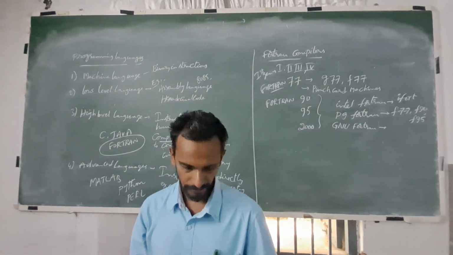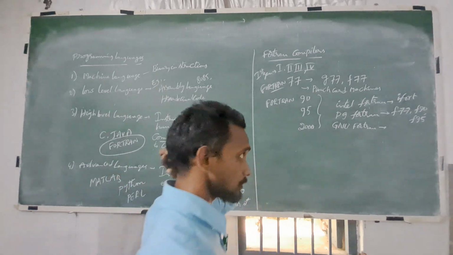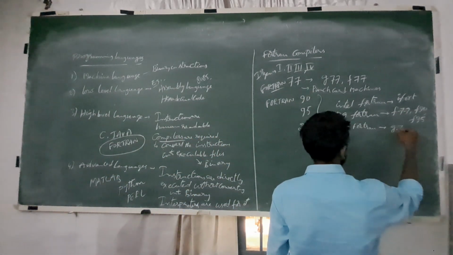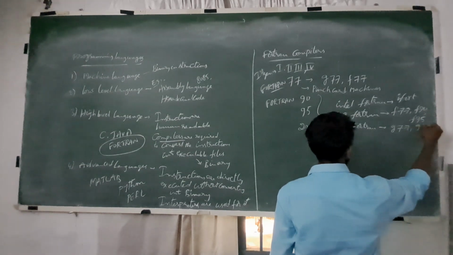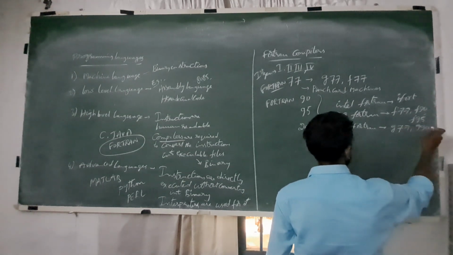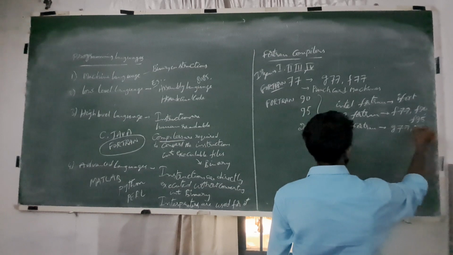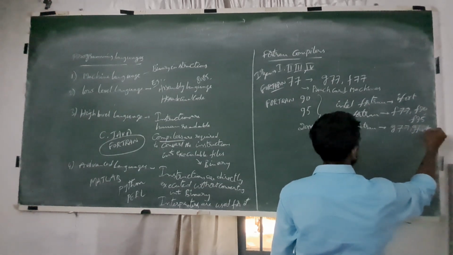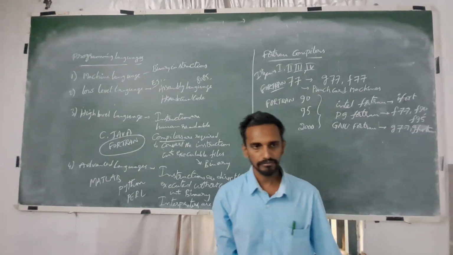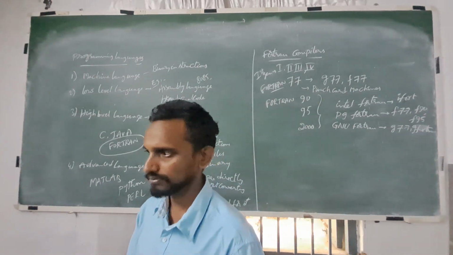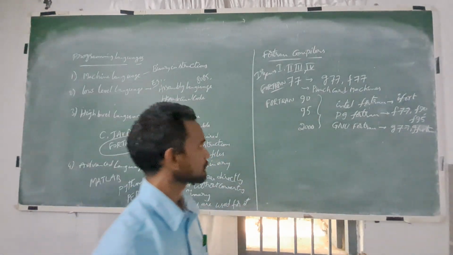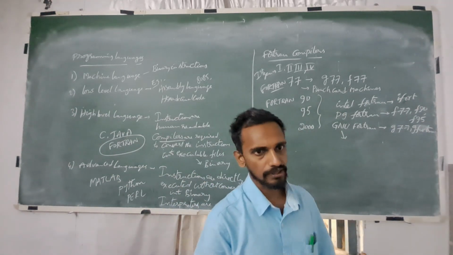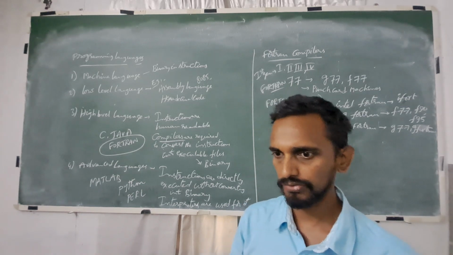Next one is the GNU FORTRAN. This is the free version. Here the compilation commands are G77, G90, G95 and GFORTRAN. But this GNU FORTRAN is basically developed in C and further converted to FORTRAN.